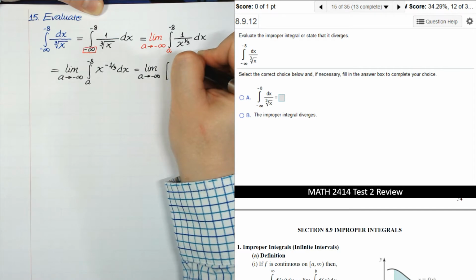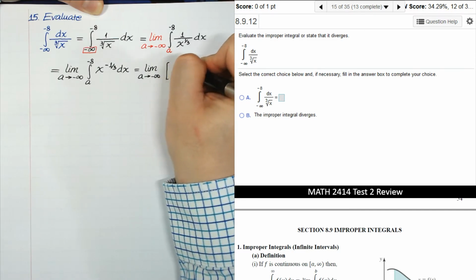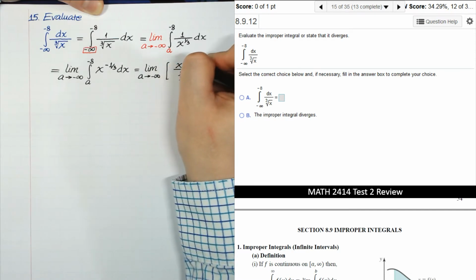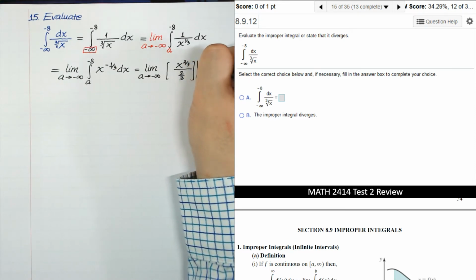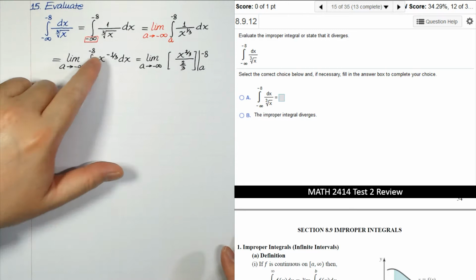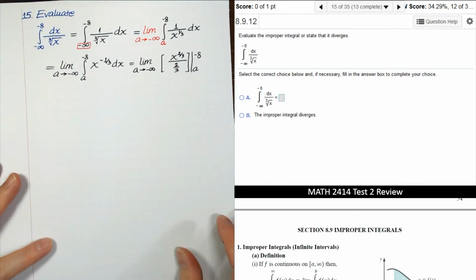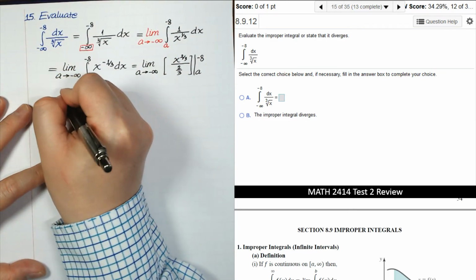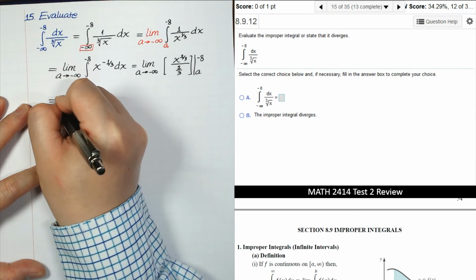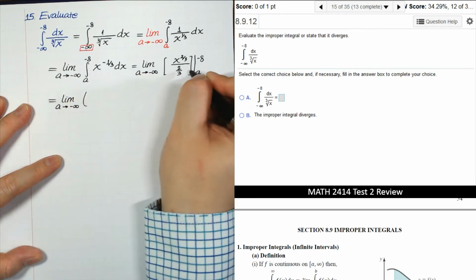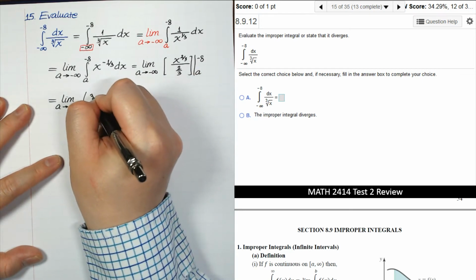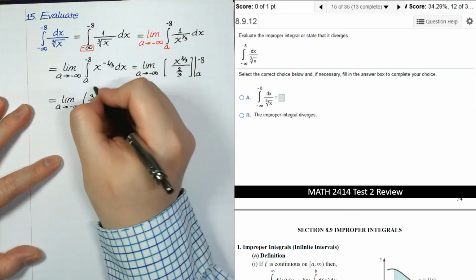We get x to the 2/3 over 2/3, going from a to negative 8. Right, negative 1/3 plus 1 is 2/3. Right, divide by 2/3 is multiplied by the reciprocal 3/2.